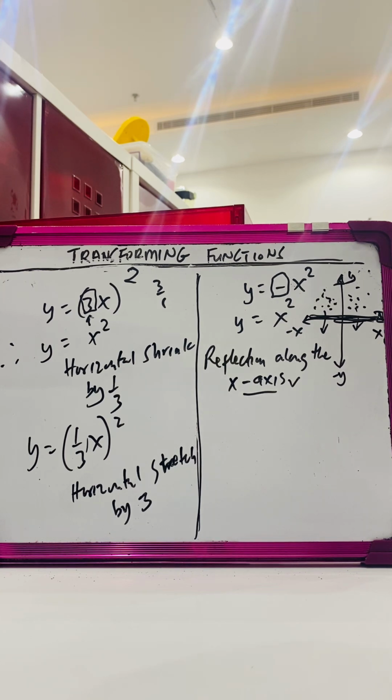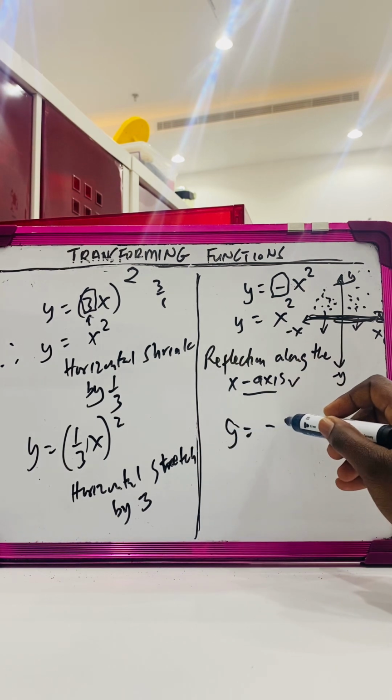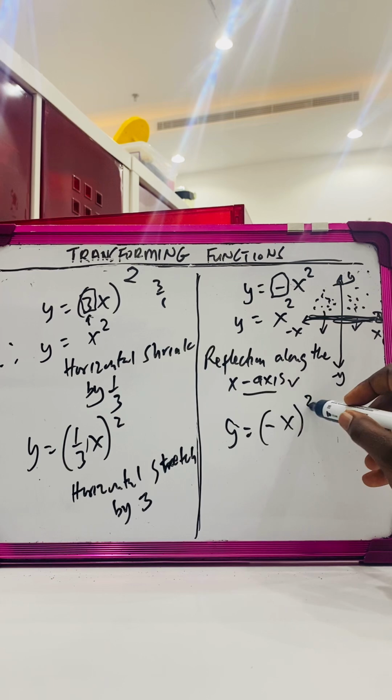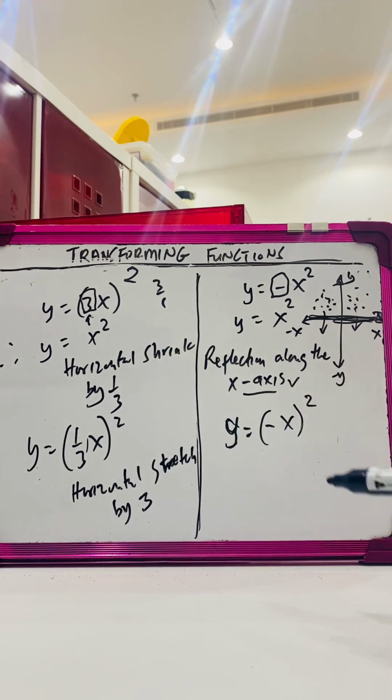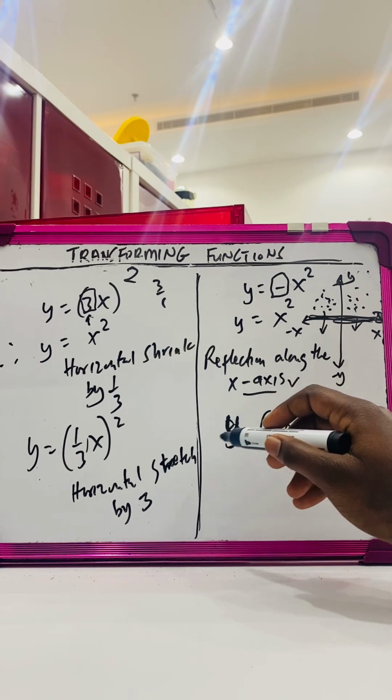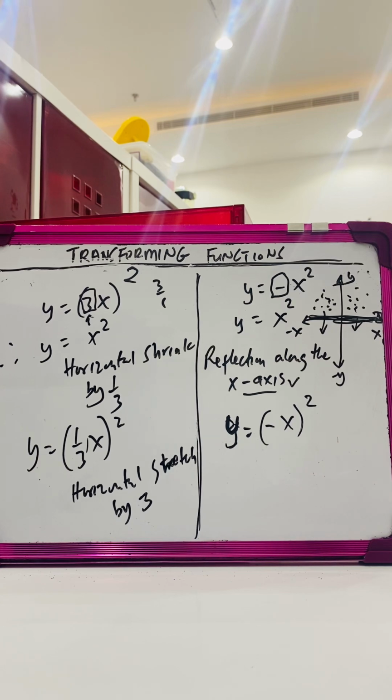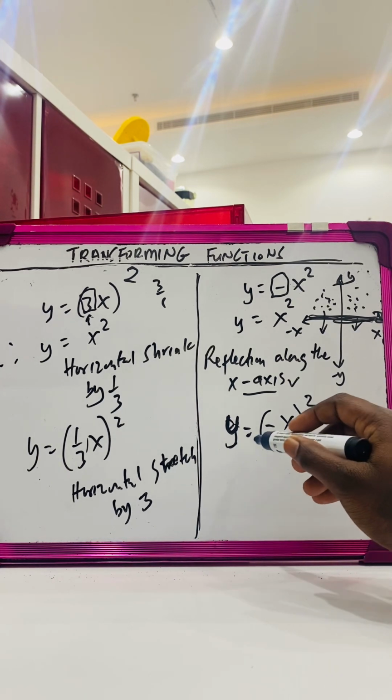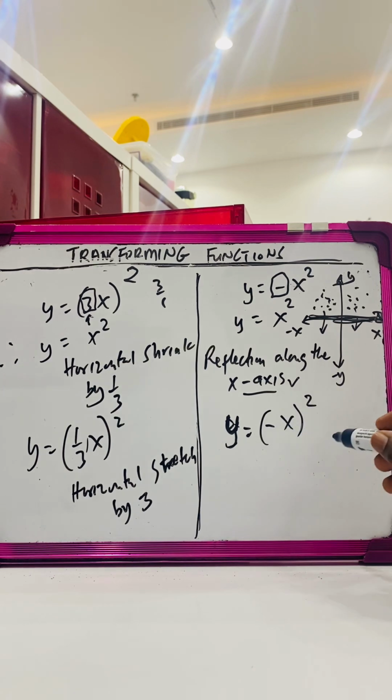I'll take one last example for the quadratic function. If I have y is negative x, this time this way, all squared, negative x all squared, this means that every x value now becomes negative.